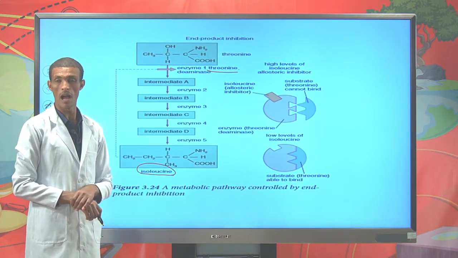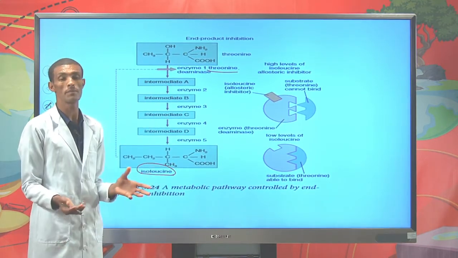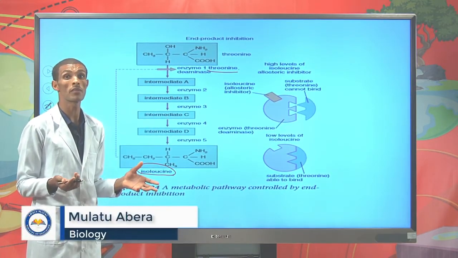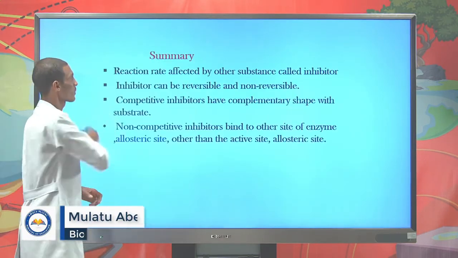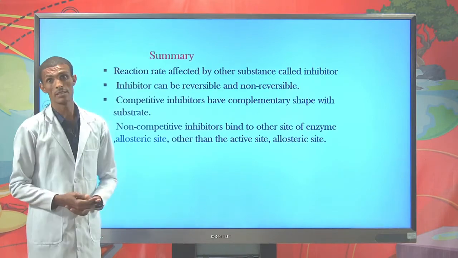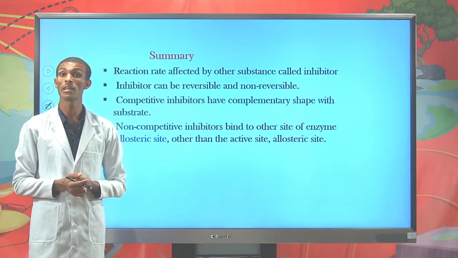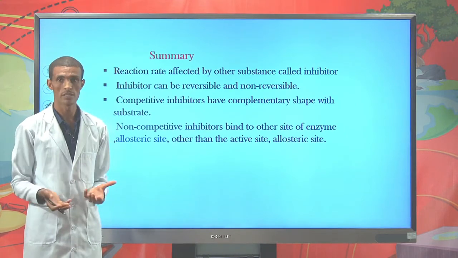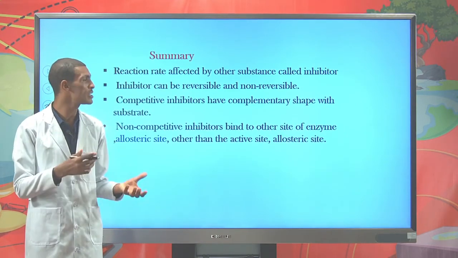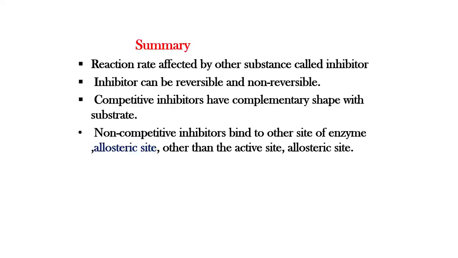Good student. I hope you can now tell the difference between competitive and non-competitive reversible inhibitors appropriately. So, in today's lesson, there are so many factors that affect enzyme activity, including inhibitors. An inhibitor may be reversed by breaking the bond that holds the inhibitor with the enzyme and substrate molecule.